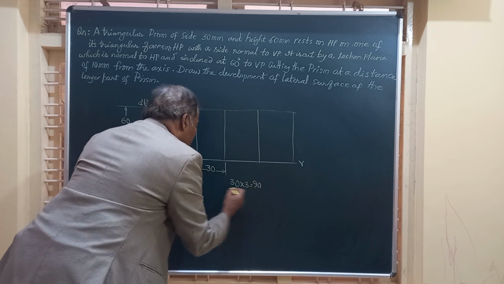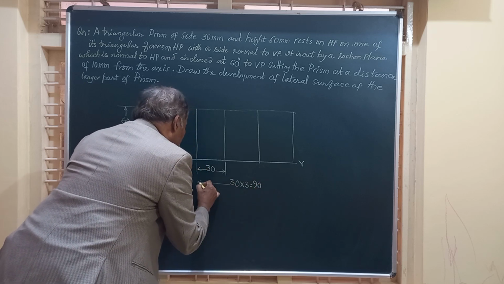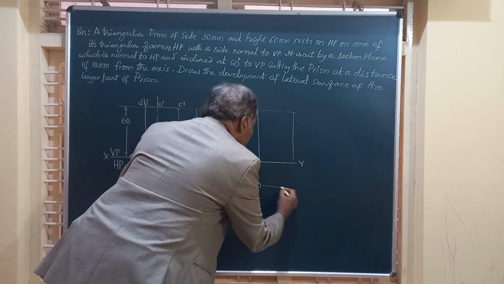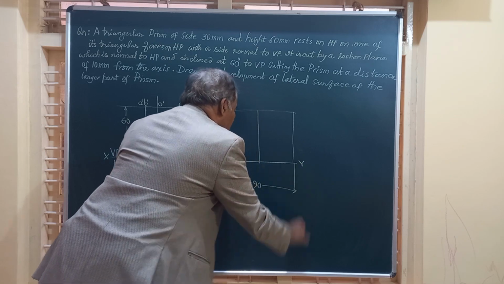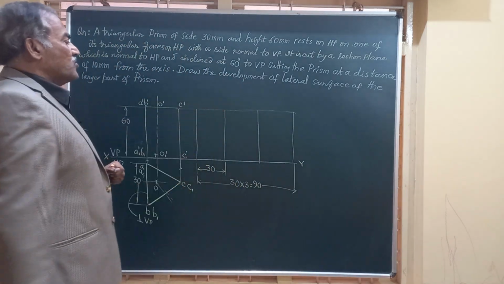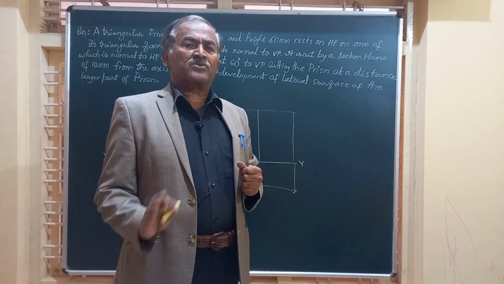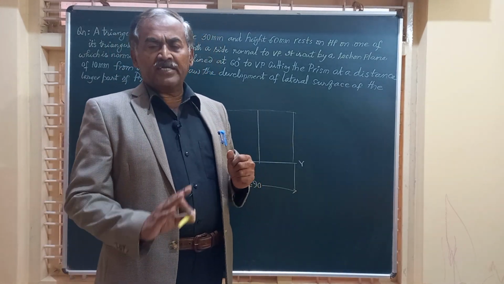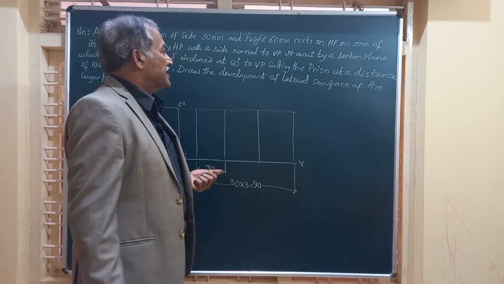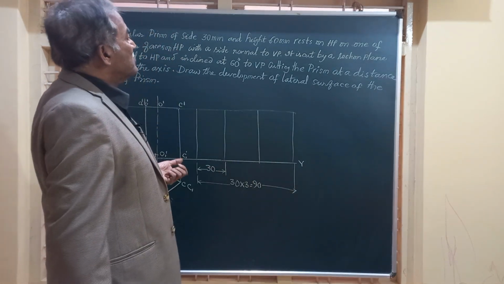If it is a square, we get 30 into 4, pentagon 30 into 5, hexagon 30 into 6, and so on. So this is how the development of the lateral surface looks when the solid is not cut by any section plane. Now let us move on to the section plane.